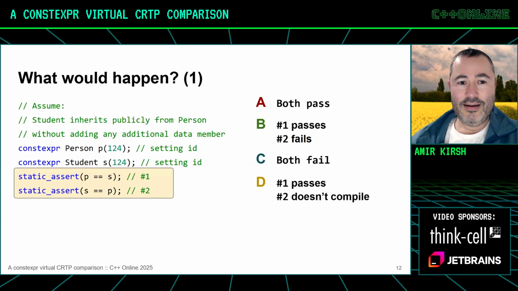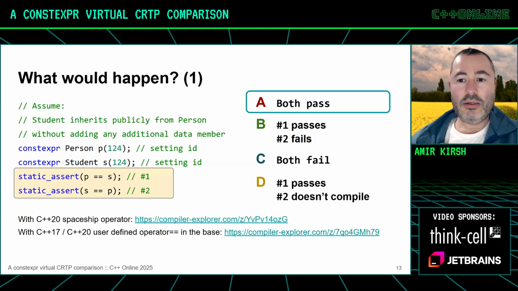Okay, I feel that you have your vote casted. So the answer is that both would pass, and we have here an example where, since student didn't add any field, we can take a look at the code and see why both would pass.